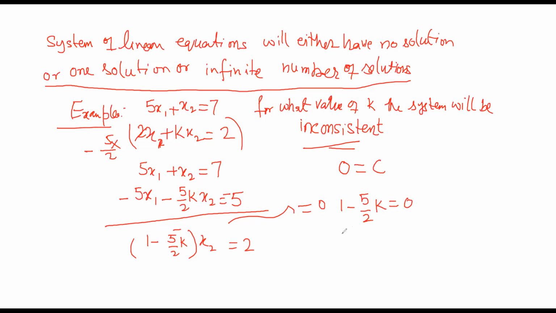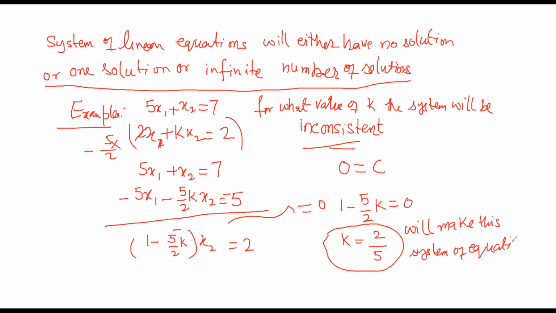From here I can find that the value of k should be equal to 2/5. So k equal to 2/5 will make this system of equations inconsistent. For any other value of k, the system of equations will be consistent. Is it clear?